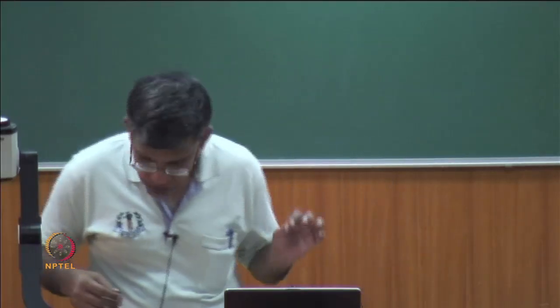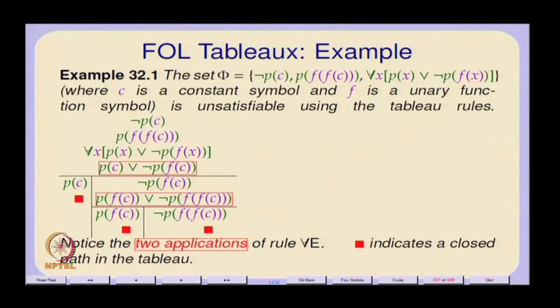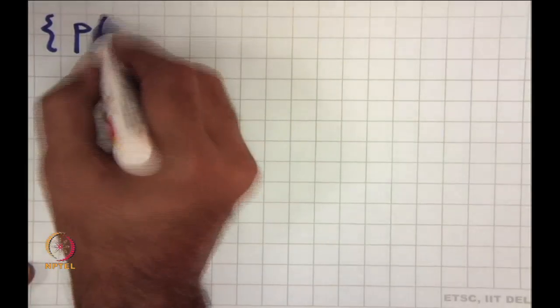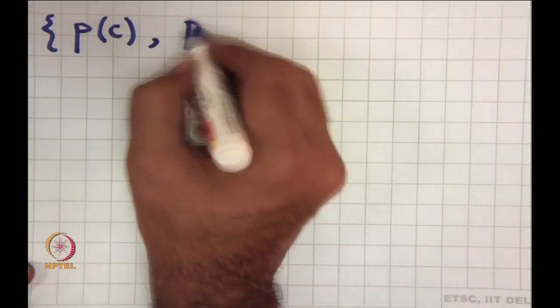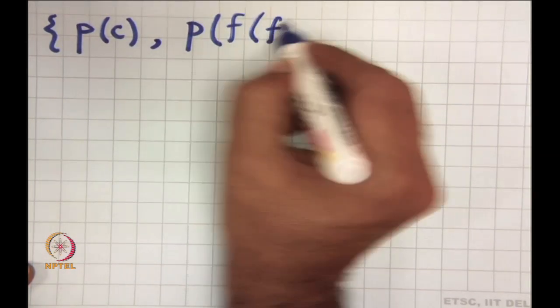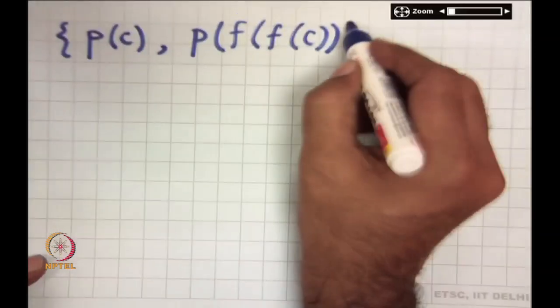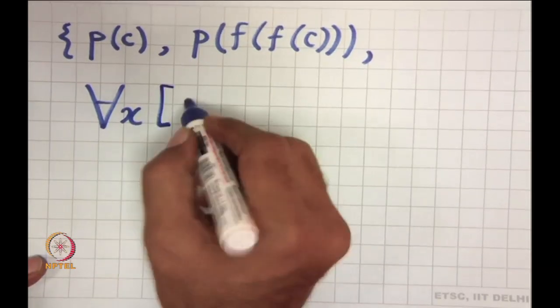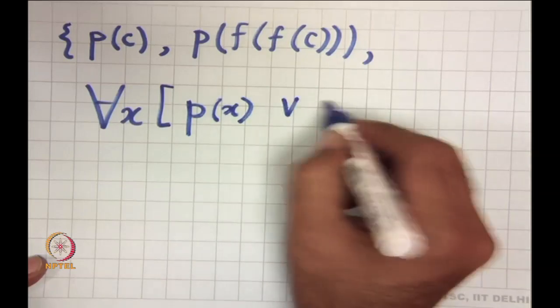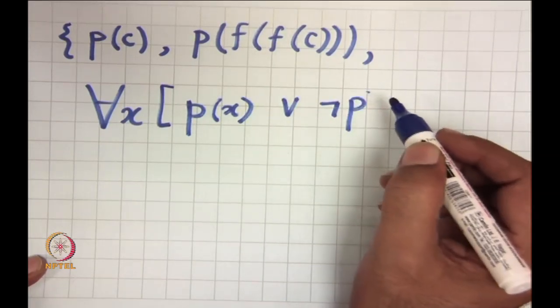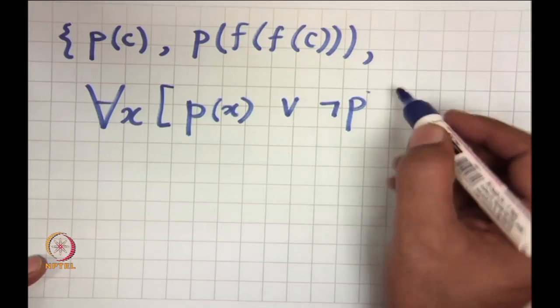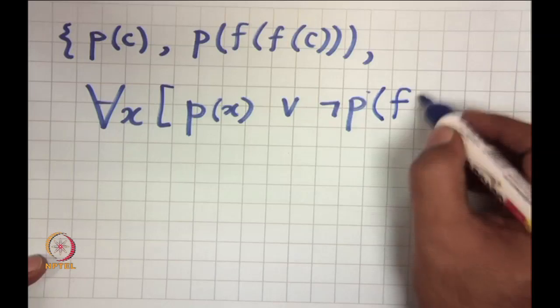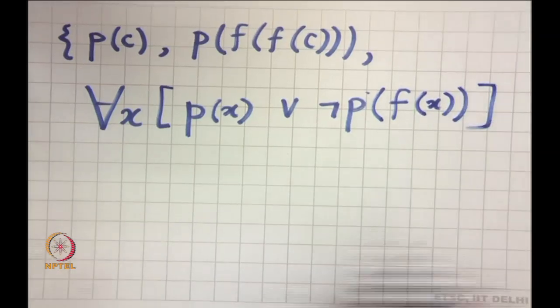So if I were to take this set, P of C, P of f of C, and for all x, P of x or not P, yeah, well, then some parts of the tableau will not close.